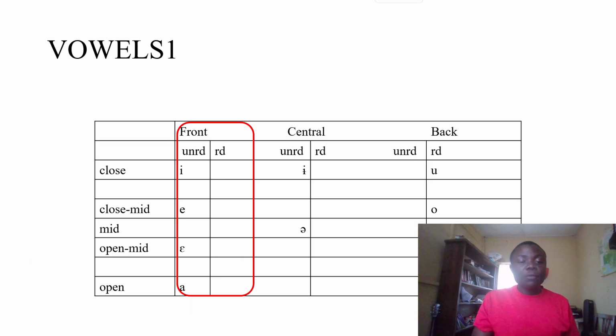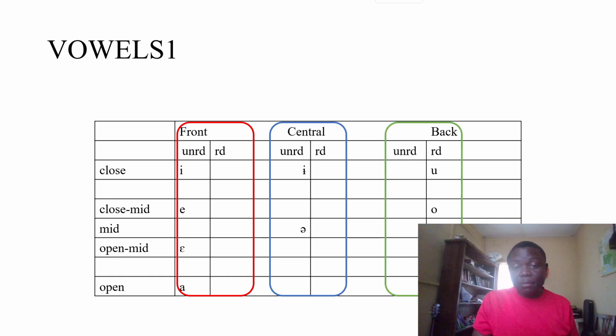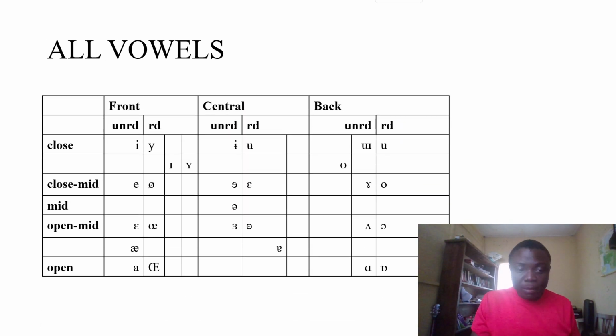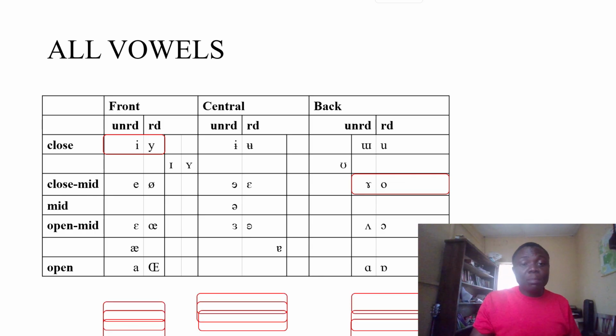All of these are the front vowels. All of these are the central vowels, and then the back vowels. Look at them again. Let's look at all of them now. In this tiny box you will realize that the E is unrounded, U is rounded in that line downward, and from O and O, one is rounded, the other is unrounded, just occupying that tiny box, and that applies to all other boxes.